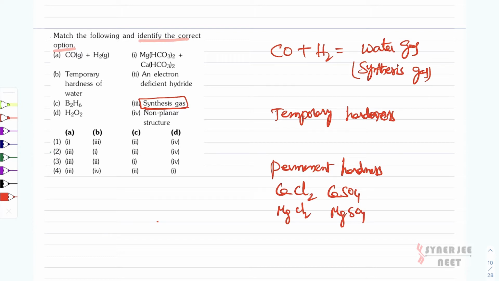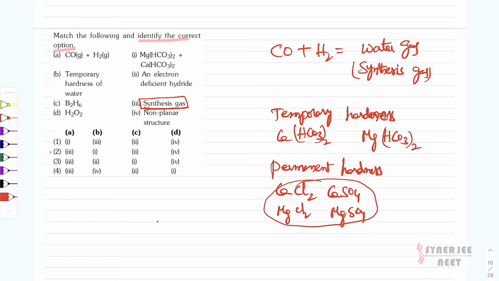If these salts are present, all of them or some of them, it is called permanent hard water. Temporary hard water has bicarbonates of calcium and magnesium. If both calcium and magnesium bicarbonates, or any one of them, are present, it is called temporary hard water. So temporary hardness of water will match with option 1.